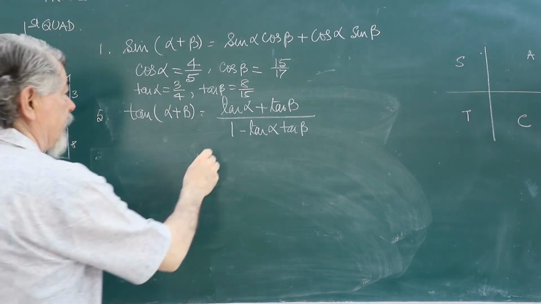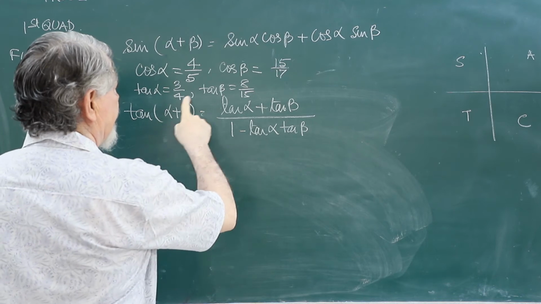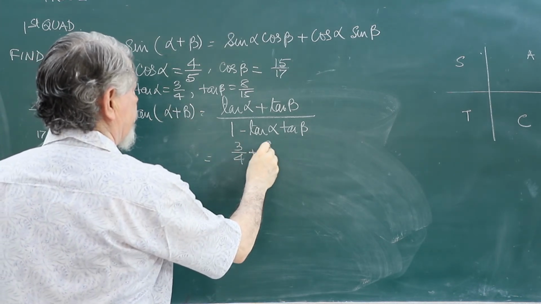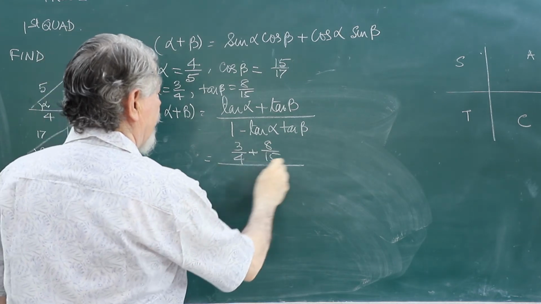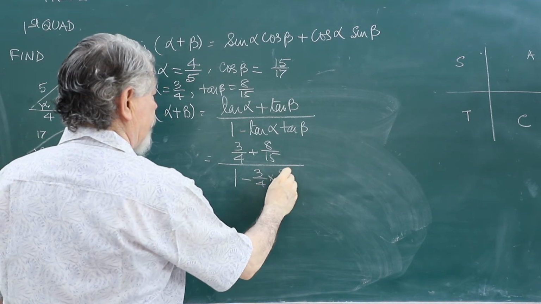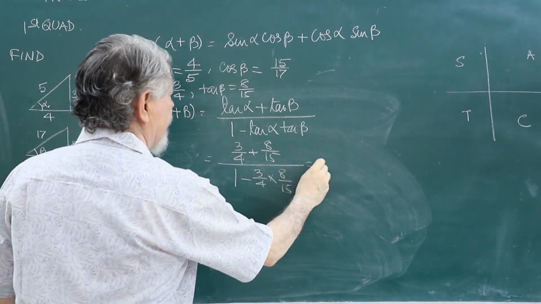Okay, let us put the values of tan alpha and tan beta. Here it is 3 upon 4 plus 8 upon 15, upon 1 minus 3 upon 4 into 8 upon 15. What will you get?